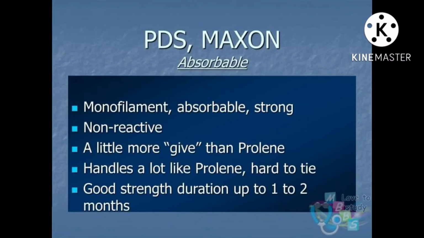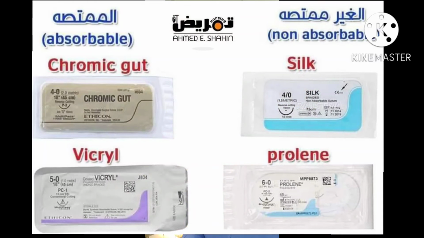A tapered needle has a smooth barrel that tapers to a sharp point to allow smooth passage of the needle through tissue like fascia and vessels. Later, we will speak about instruments.